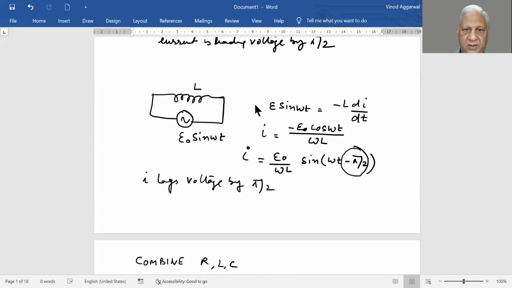And for an inductive circuit, it is, now we can also write I max, peak value would be, so this becomes our reactance for an inductor.